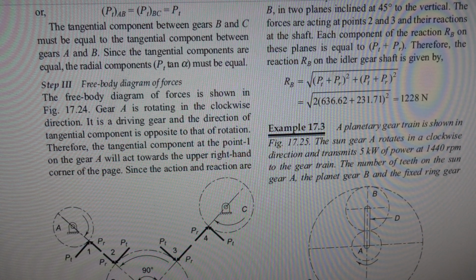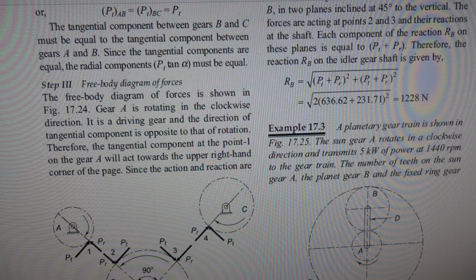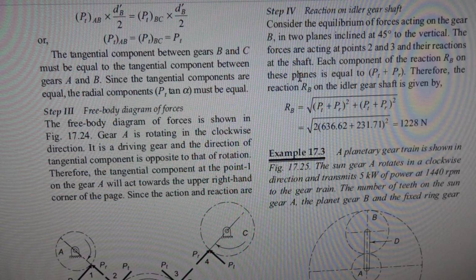At this point, what is the total force in this direction? PR plus PT, and in this direction PT plus PR. So at the shaft the force applied is PR plus PT and PR plus PT. So you can get the resultant, the reaction on the idler gear.